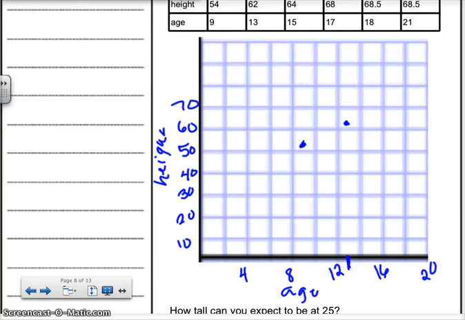That's right before halfway. At 17, I'm at 68, which is right before 70. At 18, I'm a little bigger. And at 21, I'm the same.